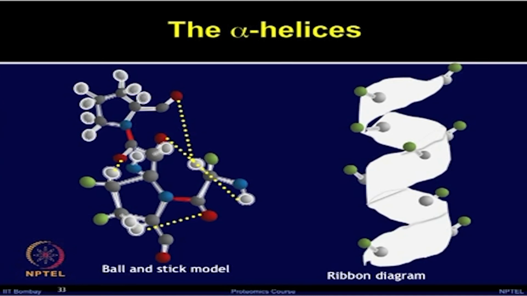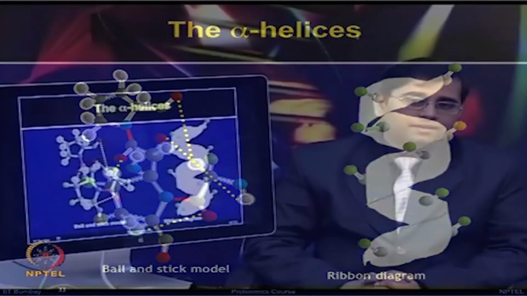It has a main chain and a side chain. The main chain is tightly coiled around the helical axis and the side chain is extended outward away from the helical axis, as you can see in the ribbon diagram on the right side and the ball and stick model on the left side.